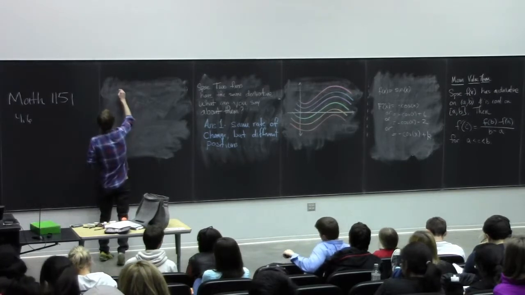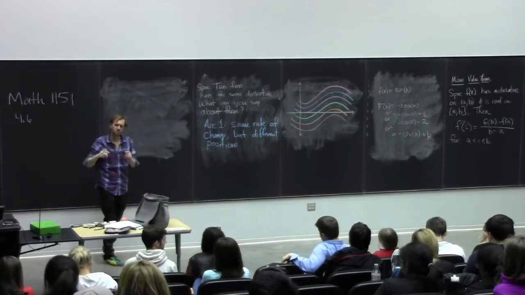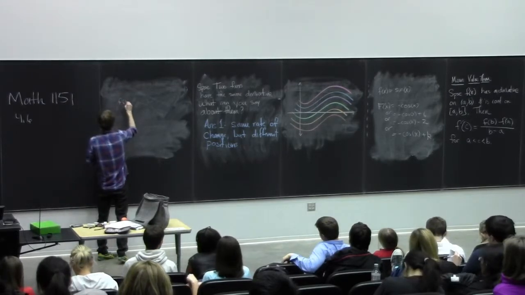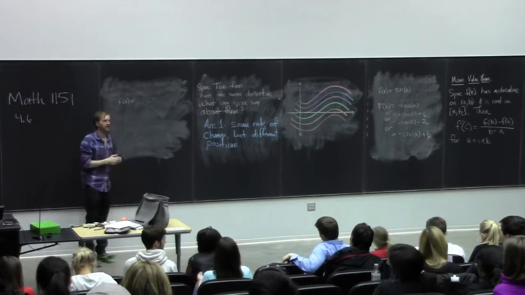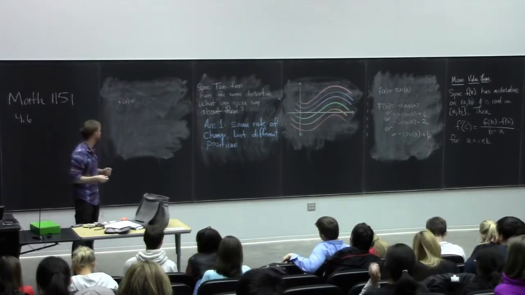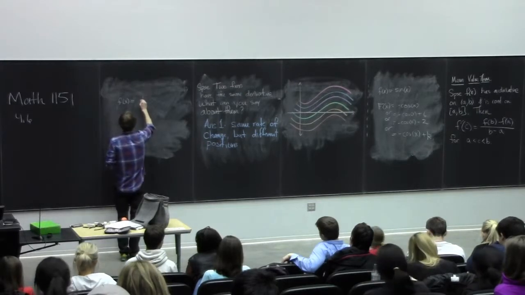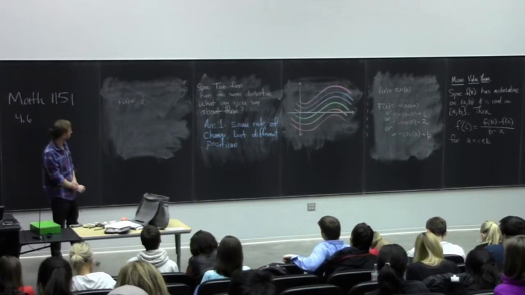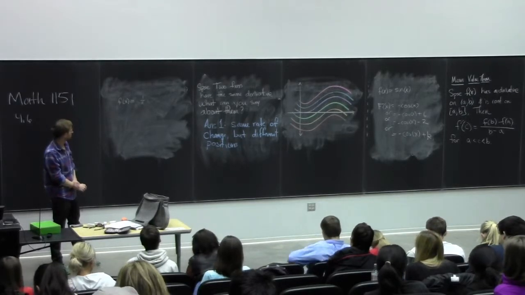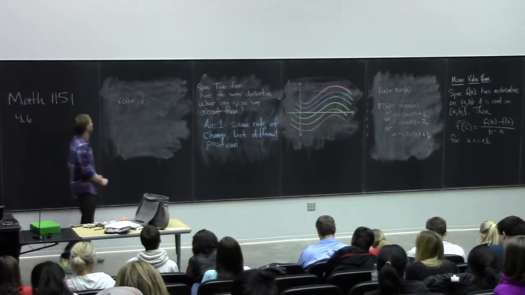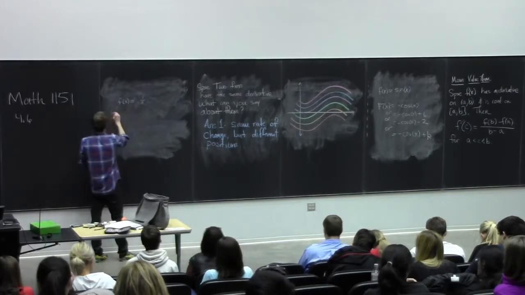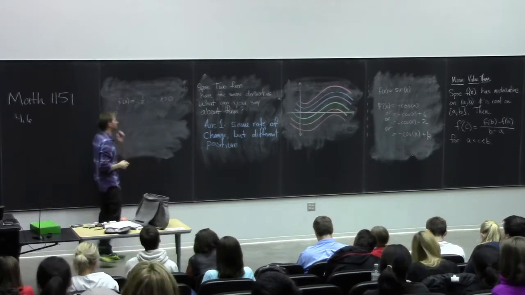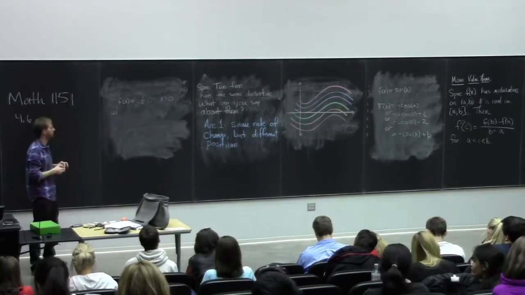Okay, so I say f of x is equal to 1 over x. And I'm going to say x is greater than 0.